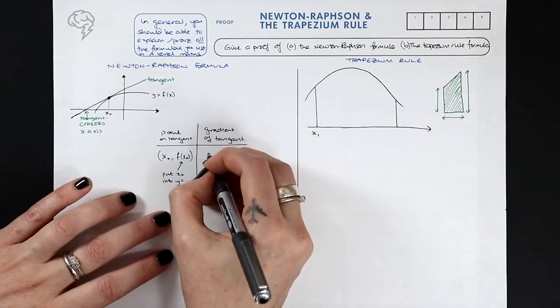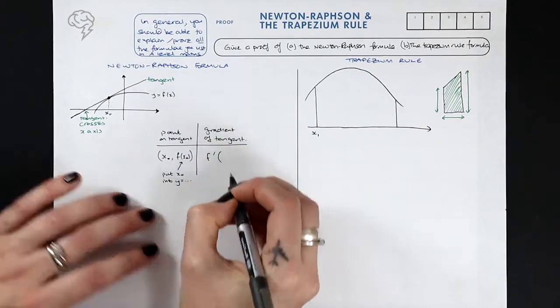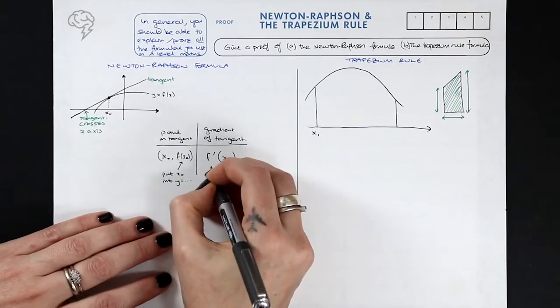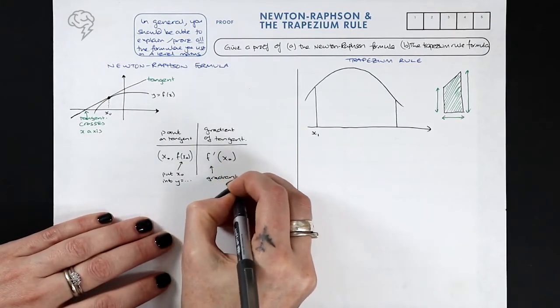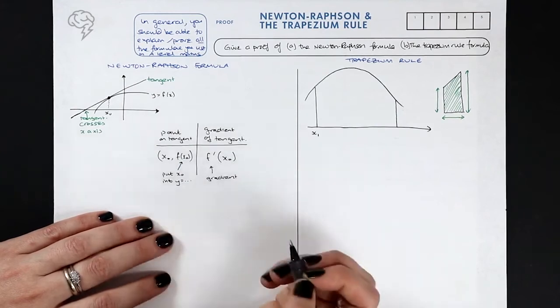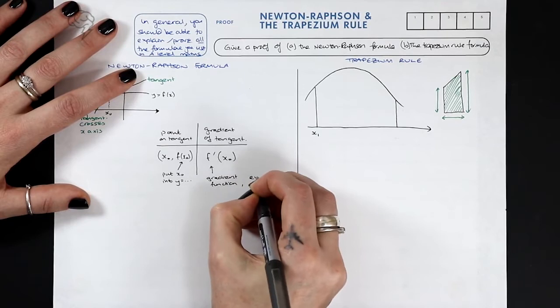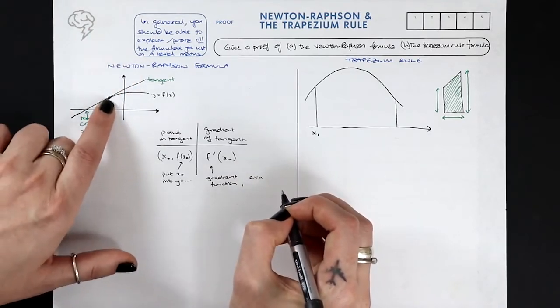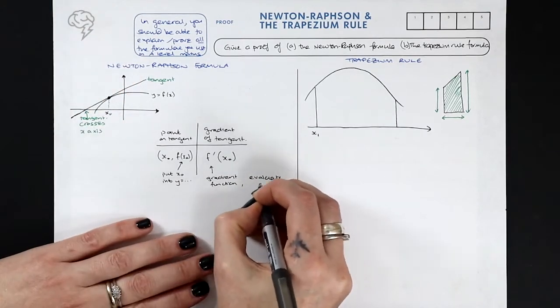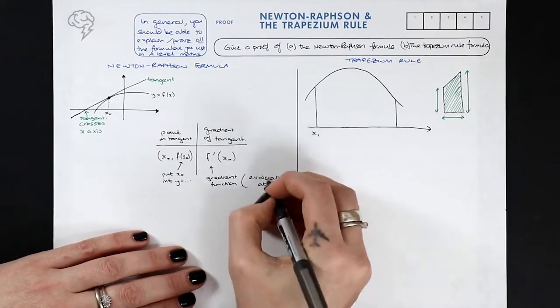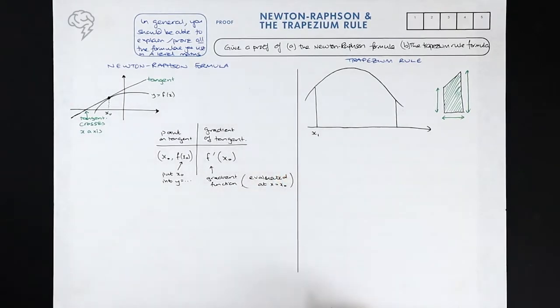Well, we would differentiate the function and then we would sub in the point that we're interested in. I'm writing the same thing twice really, but f prime is the gradient function and then evaluate it at x naught. So what is the gradient here? Evaluated, that's better. It looks like evaluated at x is x naught.